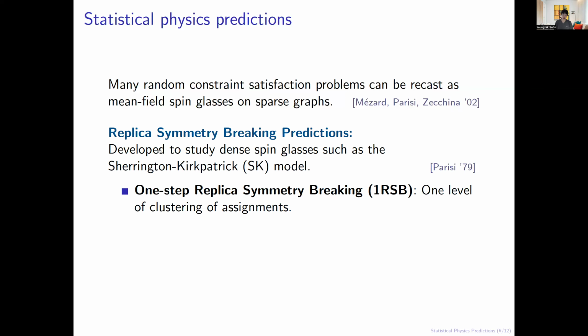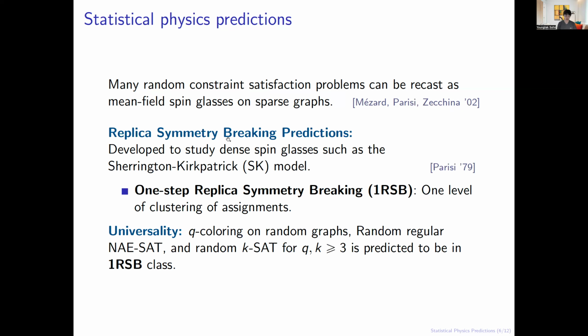And their predictions are what's called replica symmetry breaking predictions, which were developed to study dense spin glasses such as the Sherrington-Kirkpatrick model, which goes back to the work of Parisi in 1979. Their predictions for random CSPs are called one-step replica symmetry breaking predictions, which means that there is one level of clustering of assignments.